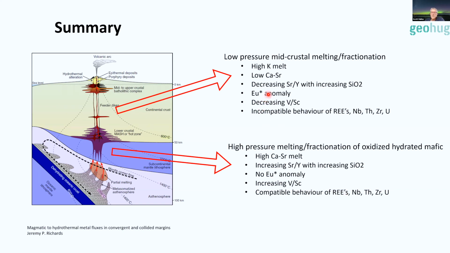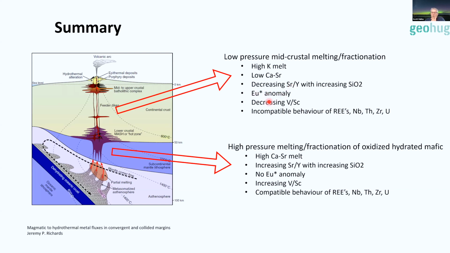With a mid-crustal melt, with the lower pressure, plagioclase will begin crystallising earlier. So the calcium and the strontium won't go up. Plagioclase will crystallise before titanite, so they'll have a decreasing strontium-yttrium ratio. There will be a europium anomaly.